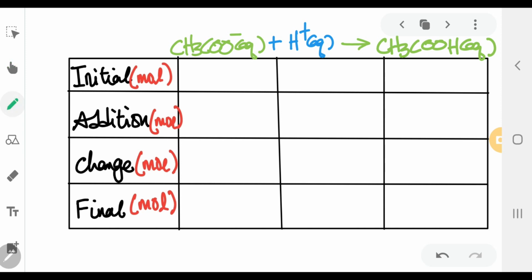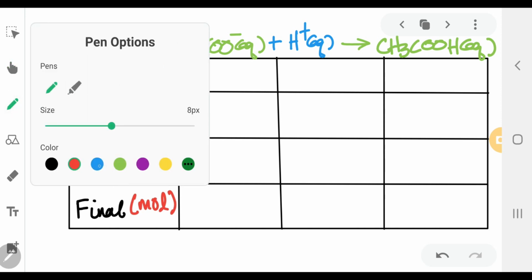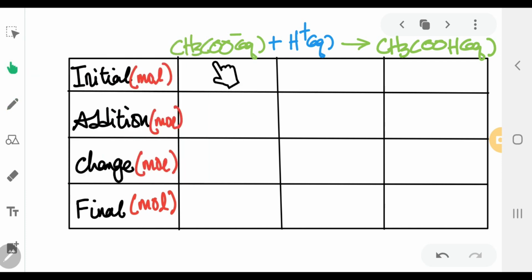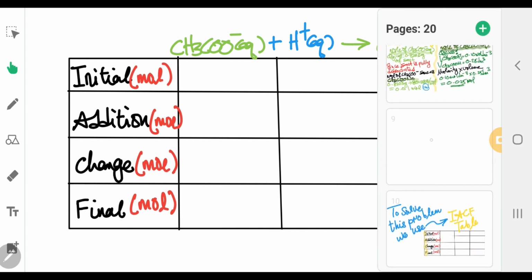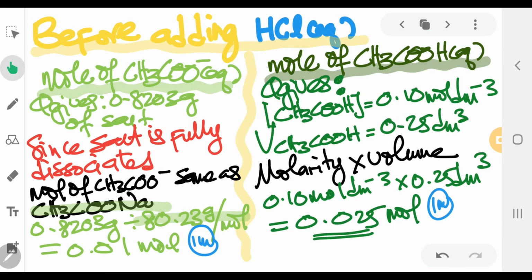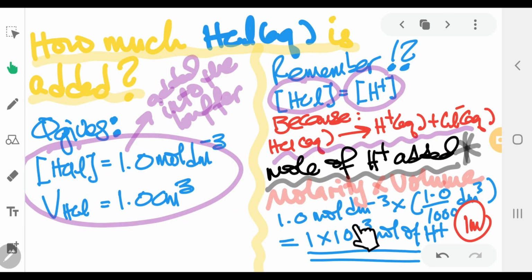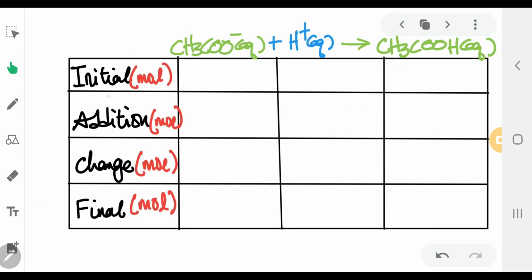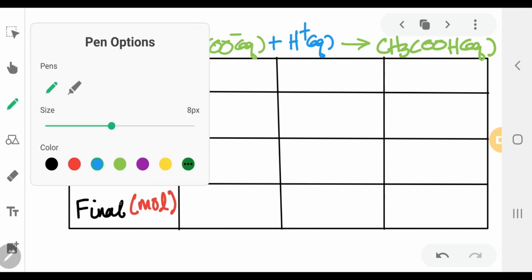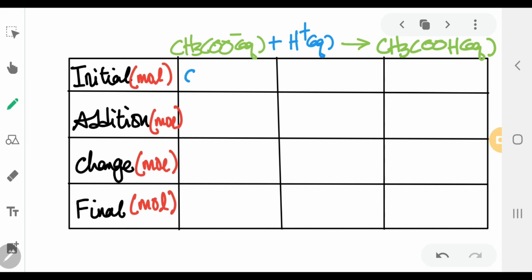The initial mole of CH3COO-, we have that already. So the initial mole is right here. We have all the initial mole. And this is what we have added inside. We're just going to plug in the value into the IACF table. So initial, the value at initial, we have 0.01. Remember, it will be in terms of mole.